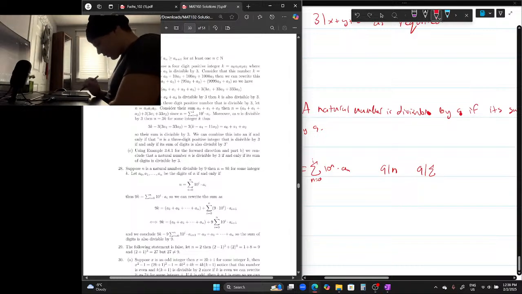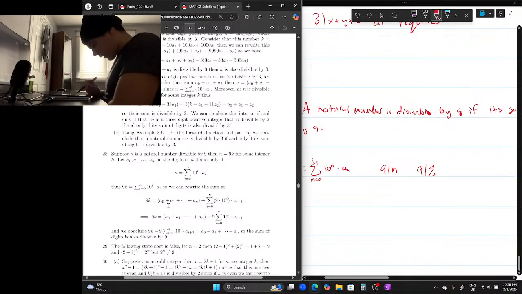Oh, they do a little bit of factoring. So I did not know how to do this. So they factor out 9k is equal to whatever plus, why is there two statements here? I think this should be equal to this. Why is that there?